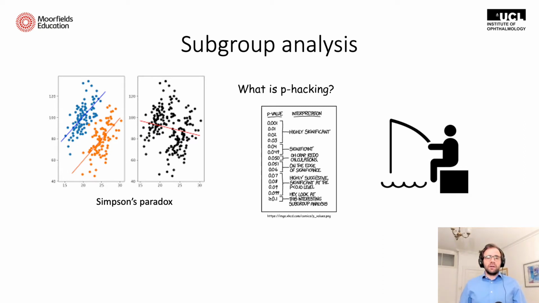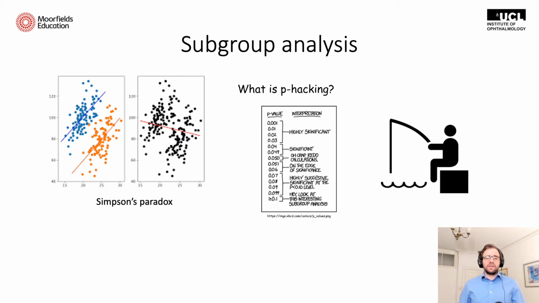So in this little satire here, you see on the right there, people's sort of common approach to p-value interpretation. Trying to subset your data in a way to find a statistically significant p-value is known generally as p-hacking, and also more colloquially as a fishing expedition.